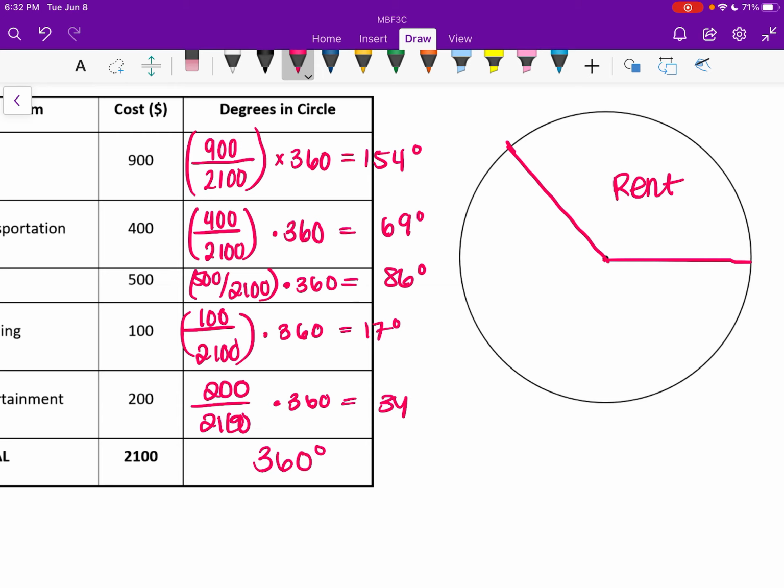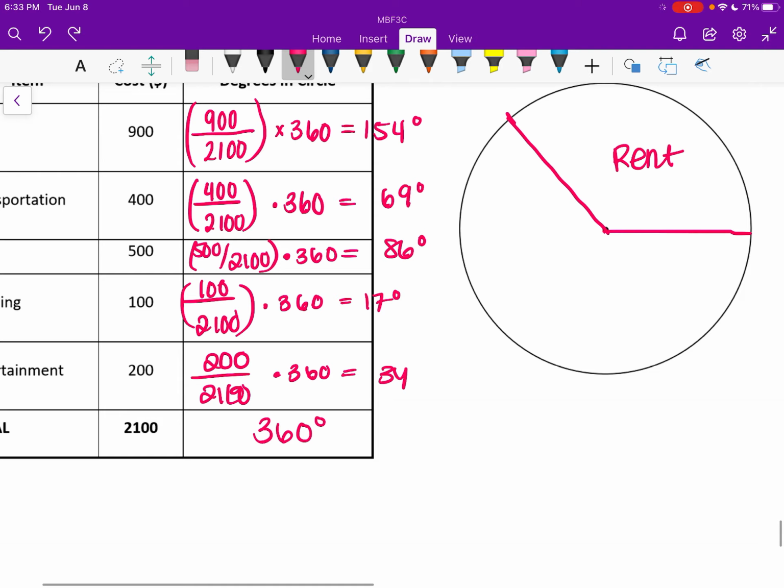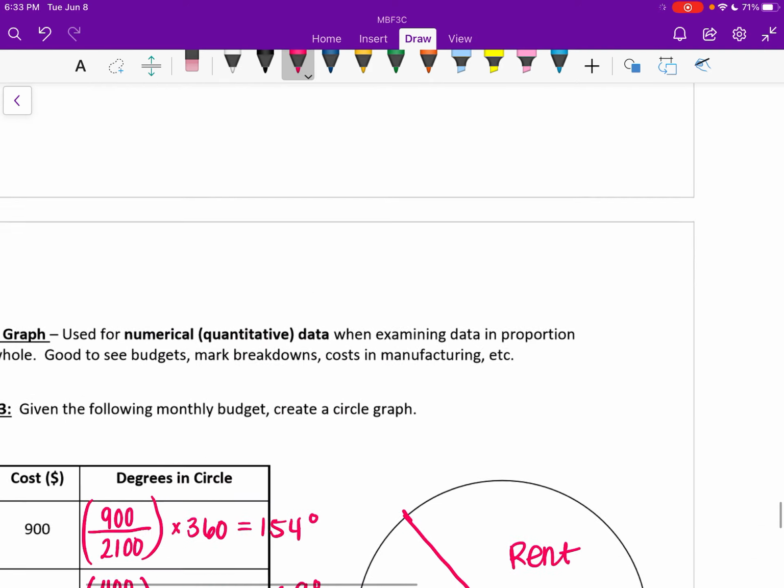So again, I'm going to pull out my protractor and measure out the angle for 69 degrees. From here, I like to measure it out from here to whatever the next point is going to be. So this is 69 right here in the middle, right?